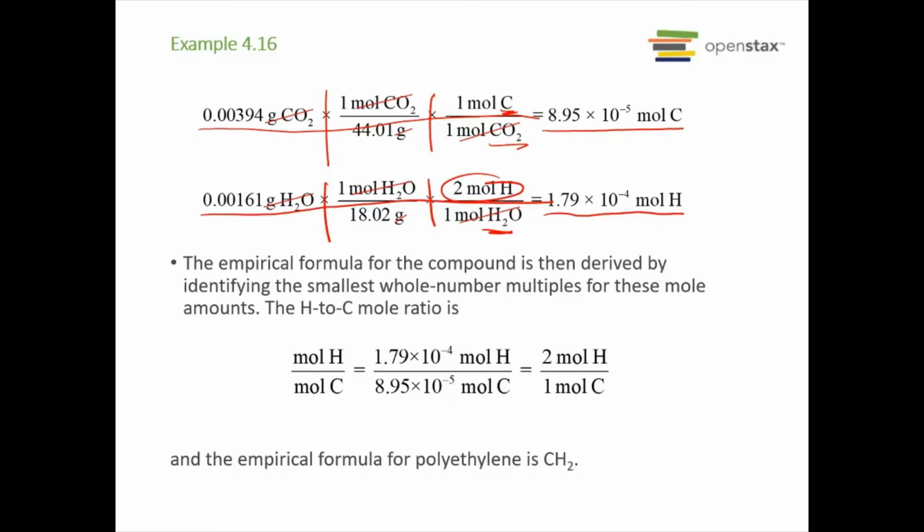So from here, to do the empirical formula, remember we divide both by the lower number. Or in this case, we're just looking for the hydrogen to carbon ratio. That works too. But carbon's the lower number.